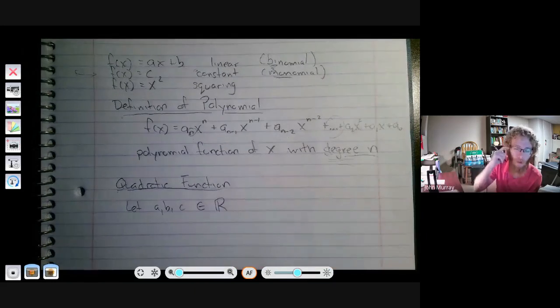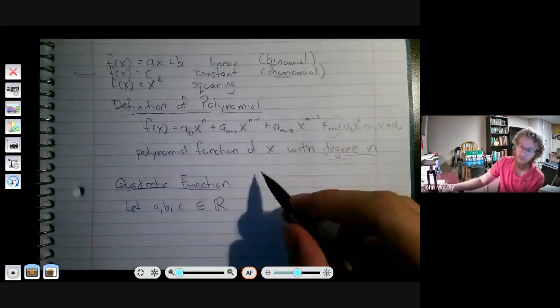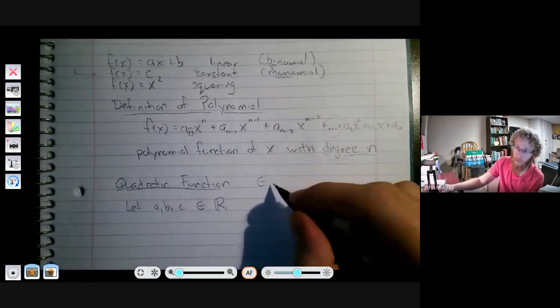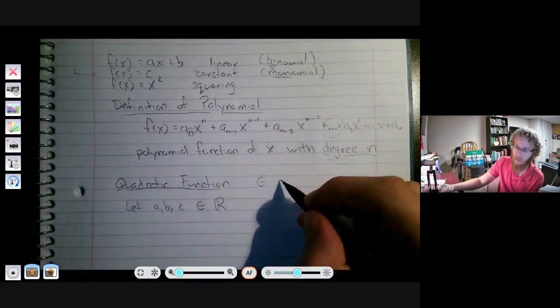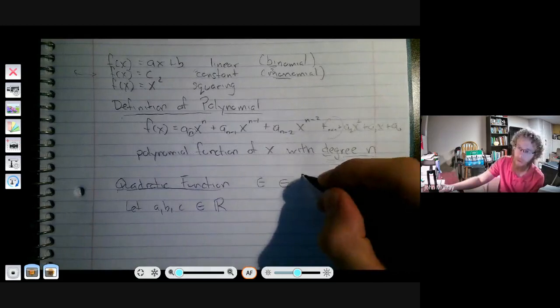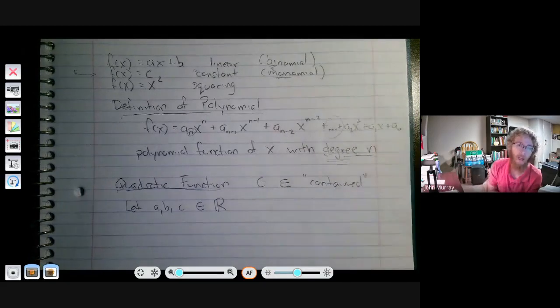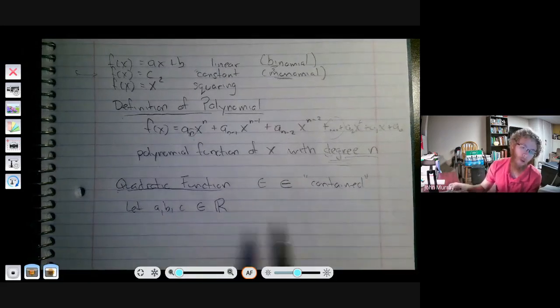Okay, so I'm going to start throwing some mathematical things at you. This here is a mathematical symbol. It's like an E, but it's kind of like you do a C and then you draw a line through it, okay? And it means contained. So here, I'll write this out for now. I'll explain what this means.